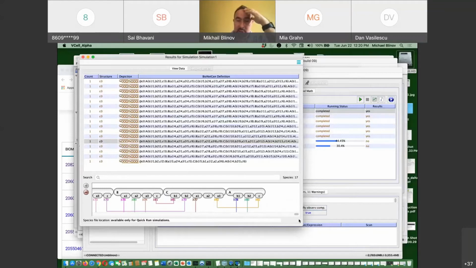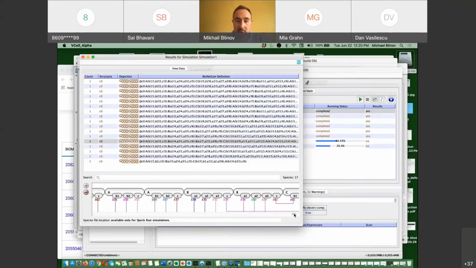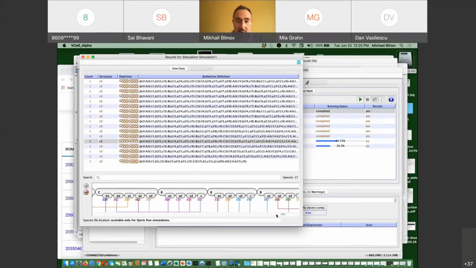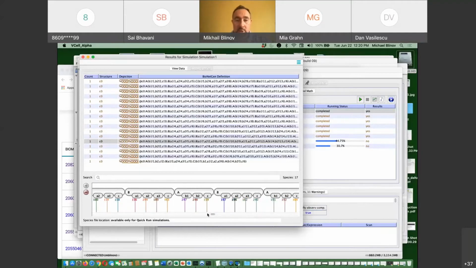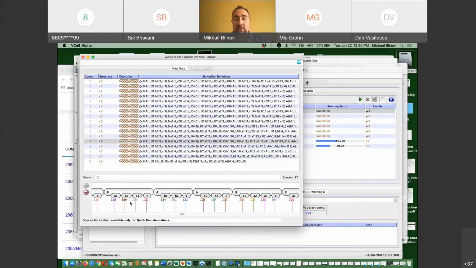So, even the largest cluster is not completely saturated. This molecule C still has an available site for A, but it's almost saturated. You can see the connectivities between sites.